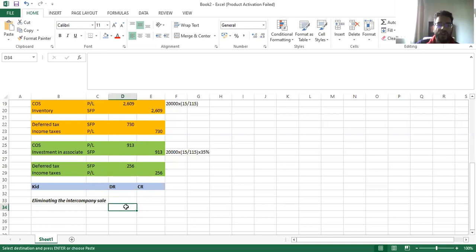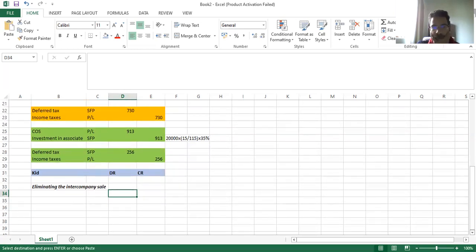In this scenario, Kid is selling to Buck. So it is the associate selling to the parent. Therefore, it is the associate that is making the profit. So just be aware of that.